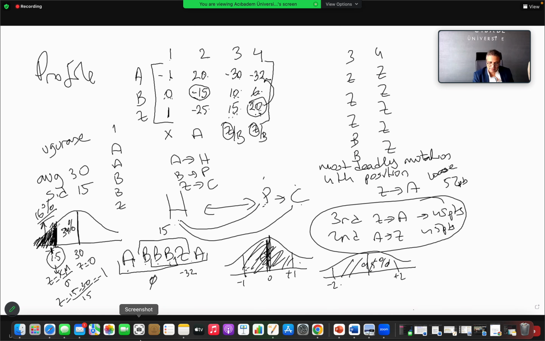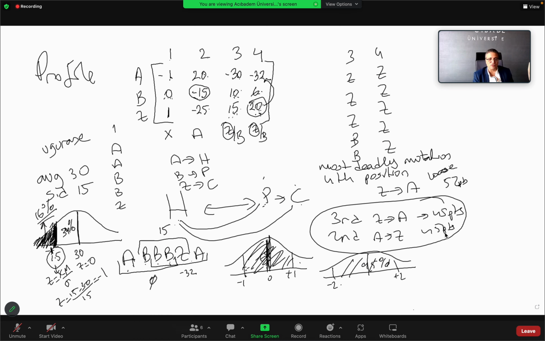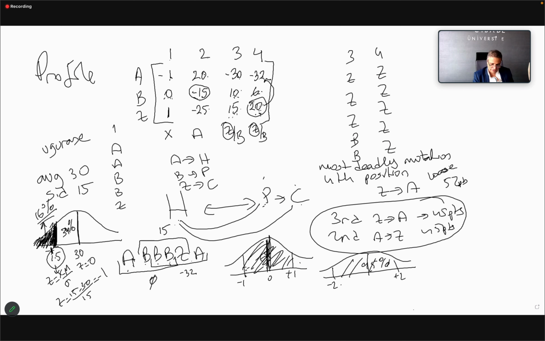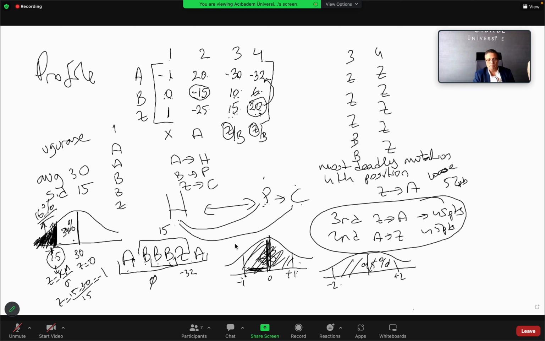So at what percentile this person is, at what confidence level this person is going to carry out this activity, is this area, the area underneath, which is, since this is -1, the area between -1 and +1 is 68, and this is half of it, 34. So this area is 50 minus 34, 16%. So I'm only 16% confident that this person will carry out this activity. Even though it is weak, it will carry out this activity.